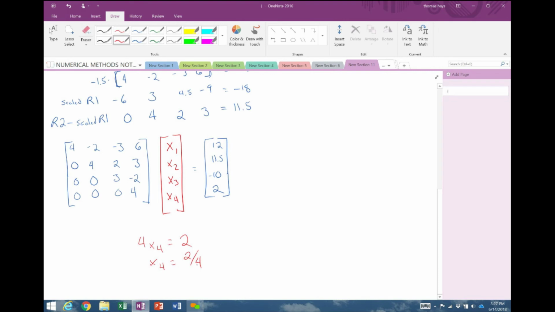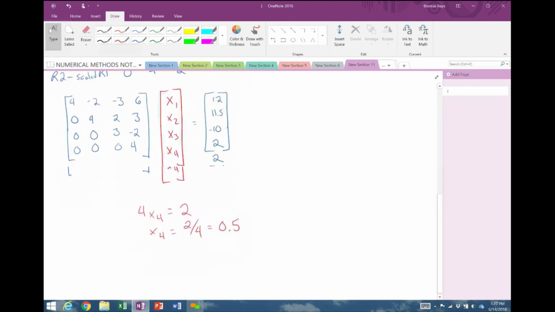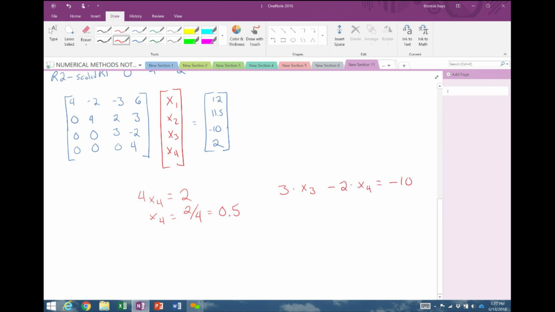So now we can go to the third equation. 0 times x1, 0 times x2, 3 times x3 minus 2 times x4 equals negative 10. Well, we know that x4 is 0.5, a positive 0.5. So negative 2 times 0.5, negative 1.